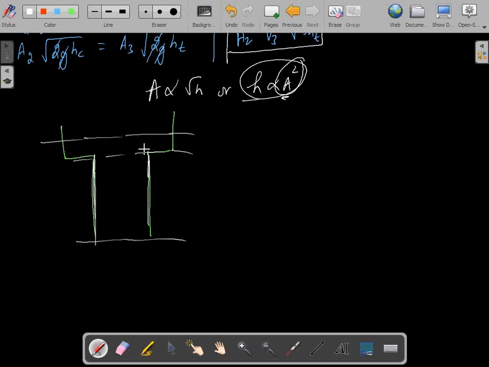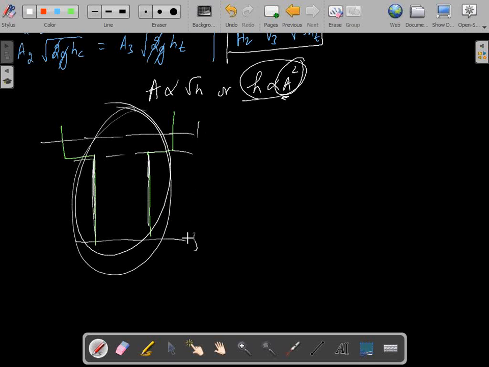Within these three sections, there will be a negative pressure head at one of them. Which one of them? I leave it to you to find out. I'm just giving you a hint. The analysis has been just presented to you. Take between 1 and 3, and then between 1 and 2, and then analyze. At a particular section, it may be 2 or it may be 3. Find it out. You'll get a negative pressure head. Negative pressure head means induction of air inside.